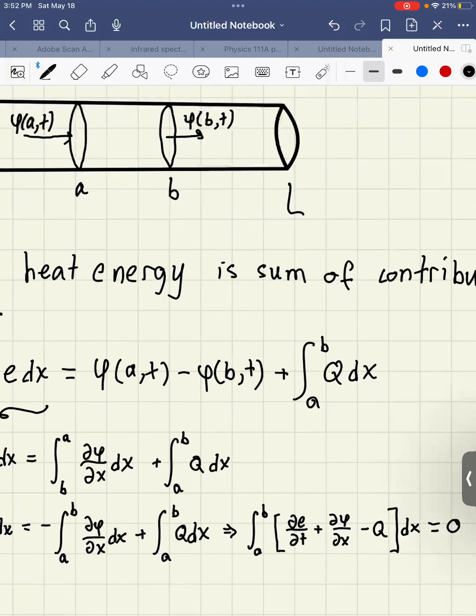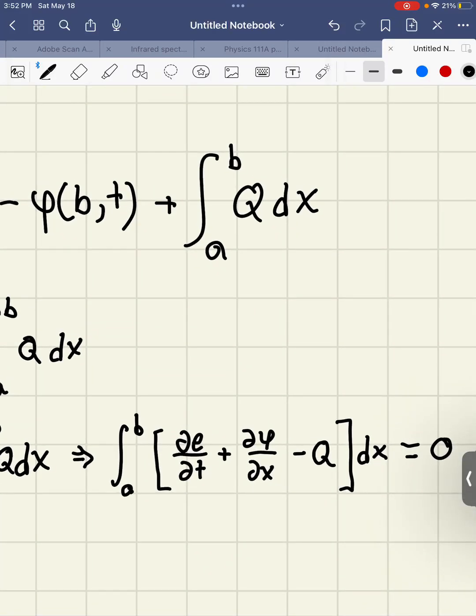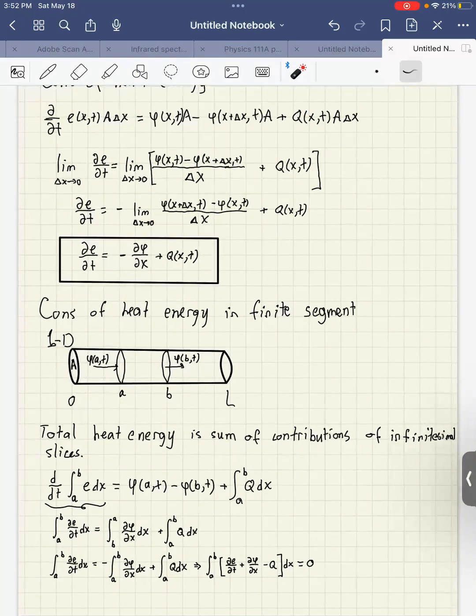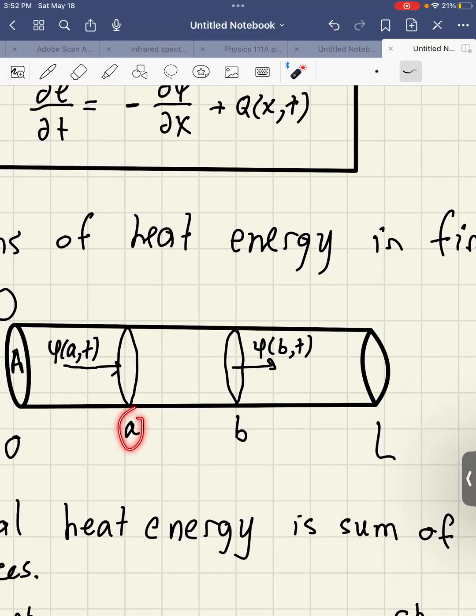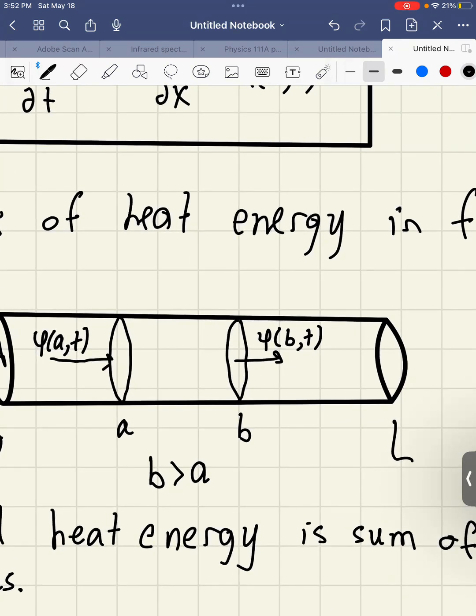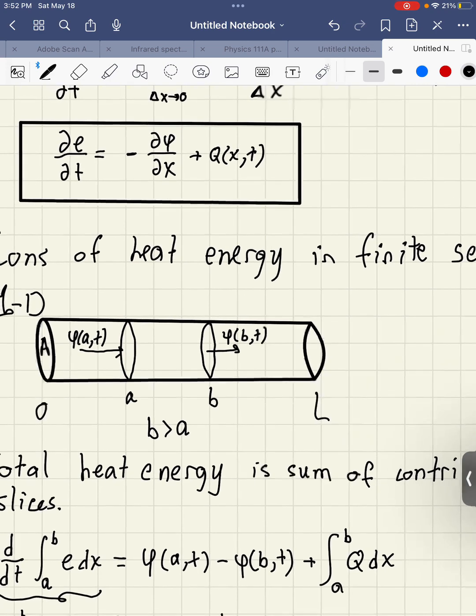There are only two cases in which this integral can be equal to 0. One case is when the upper and lower limits are the same. But our slice goes from a to b, where b is greater than a, and we can say by logic that b is greater than a because our positive direction is to the right, as I mentioned earlier.